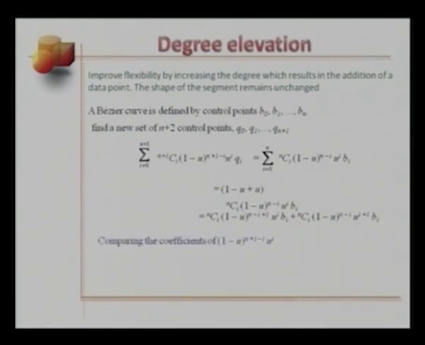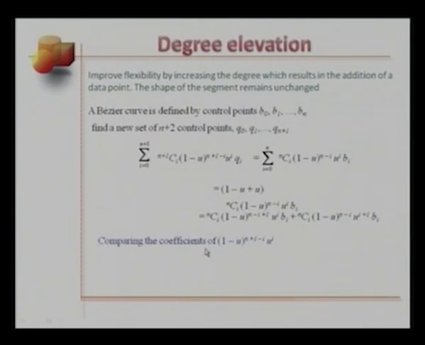All we need to do now is try to compare individual coefficients of the term (1 minus u) raised to n minus i plus 1 times u raised to i. Well, even though I have not expressed the summation sign here explicitly, it is there.